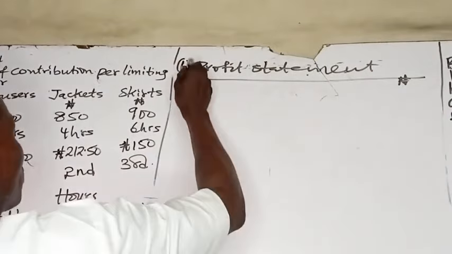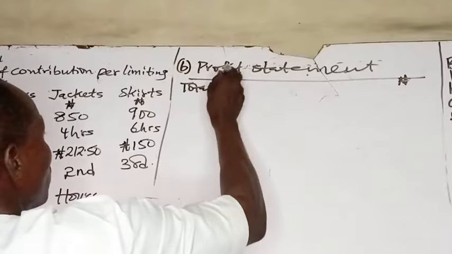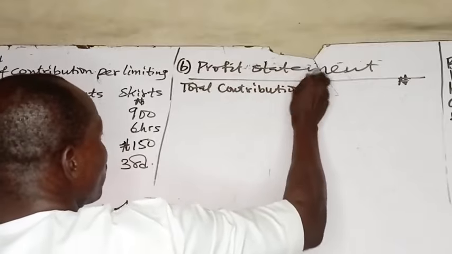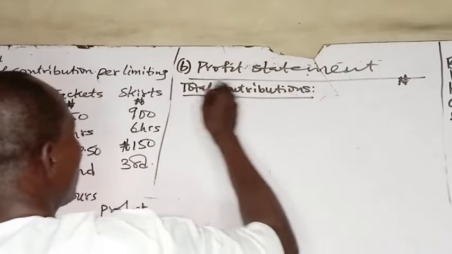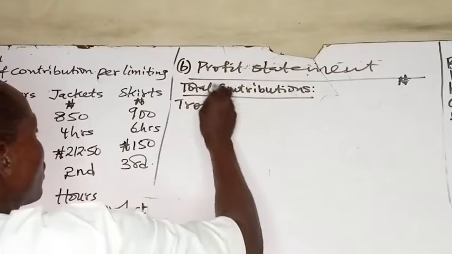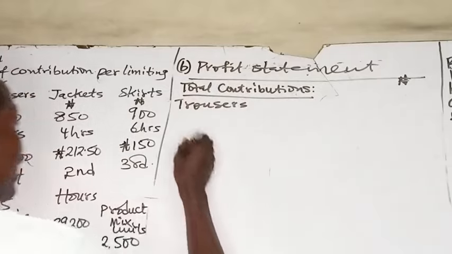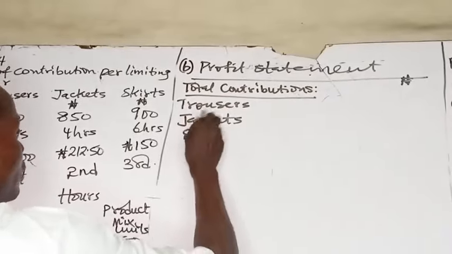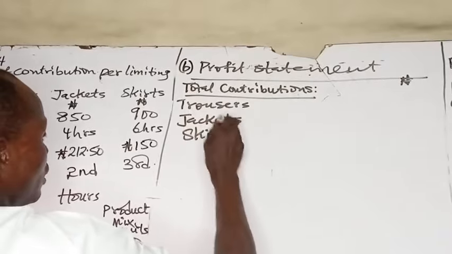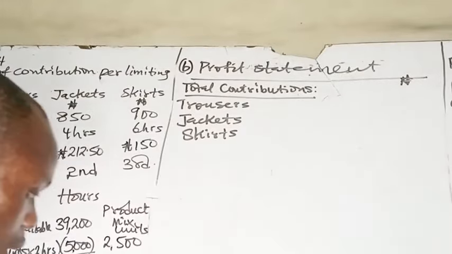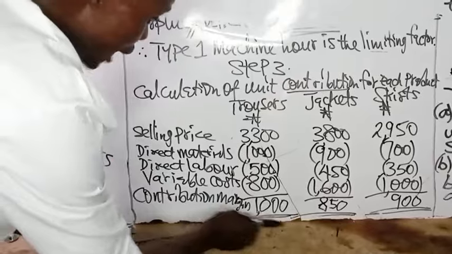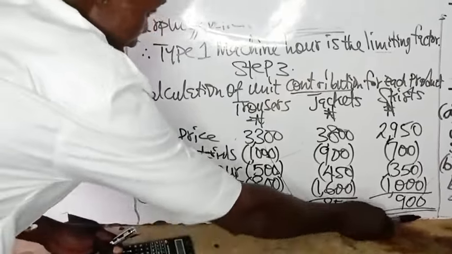So you have total contribution. There are 3 products: trousers, jackets, and skirts. The contribution from trouser is 1,000, jacket 850, skirt 900.